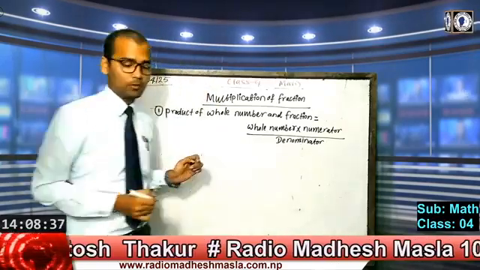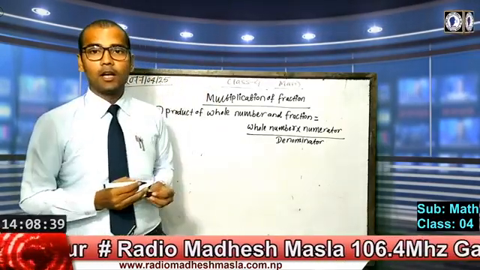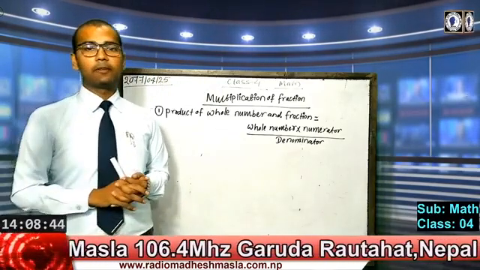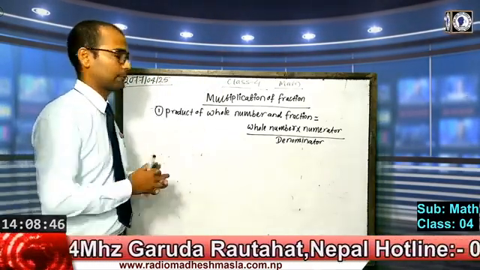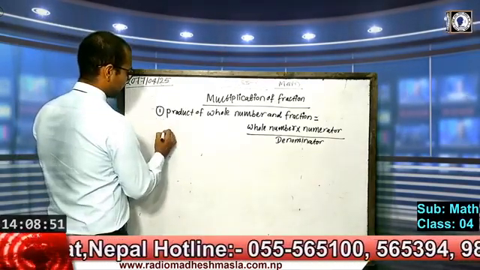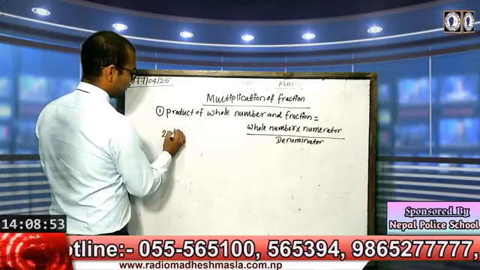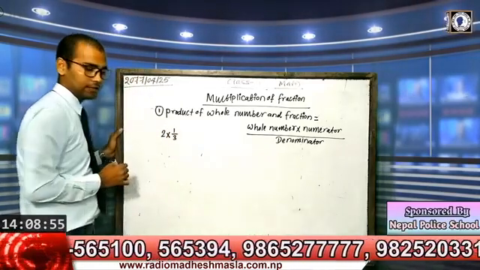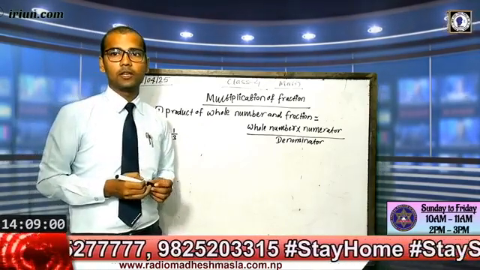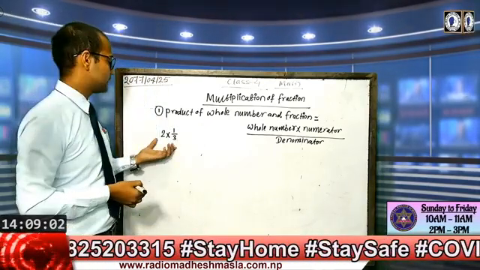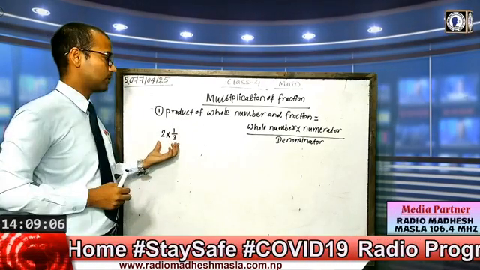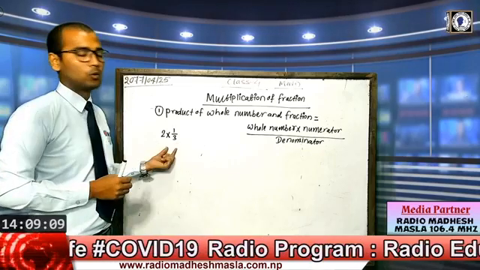Students, you can find some types of multiplications in fractions like this. Somewhere you can find 2 into 1 by 3. Students, look at the board and listen to me very carefully. Here you can find questions like this: 2 into 1 by 3.